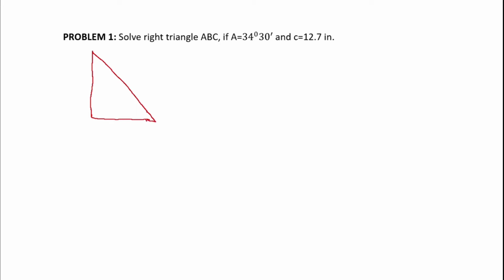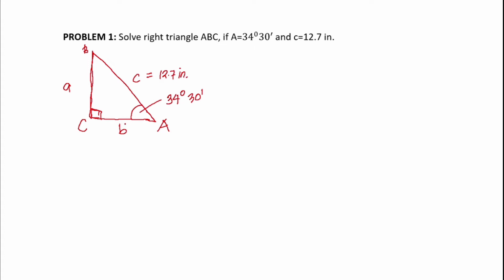Assuming this is a right triangle, if this is angle A, B, and C, the opposite side here is a, this is our c, and this is our b. The given angle A is equal to 34 degrees and 30 minutes, and our c is equal to 12.7 inches.